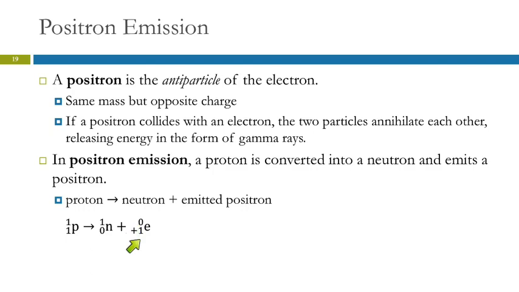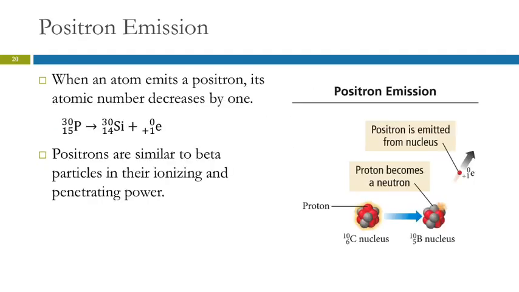Well, this needs to be a 0, and this needs to be a 1. We'll often put positive here because we don't want this to be mistaken for an electron. So this is +1 e. This is the anti-electron.